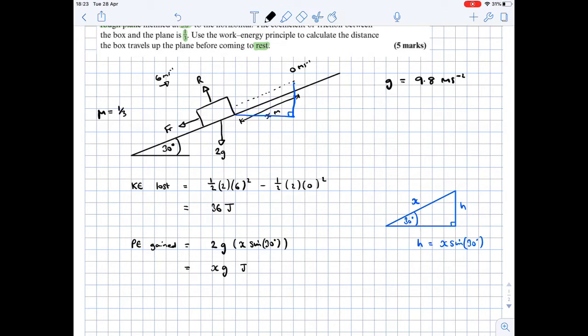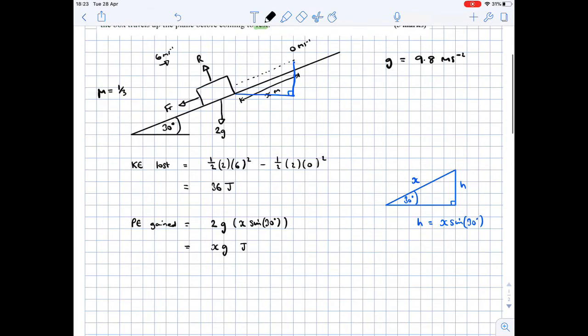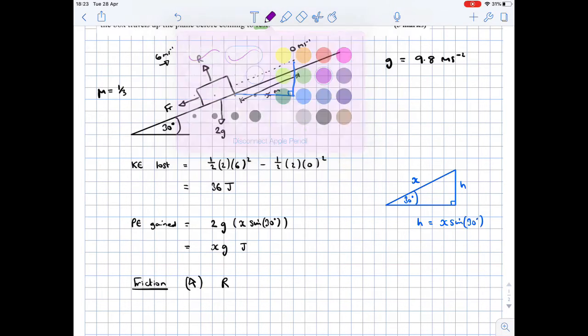Okay, next. We need to work out the work done by friction, or the work done against friction. So, looking at friction, I'm going to resolve perpendicular to the slope. So R, going back up to the slope here, and that angle is 30 degrees.